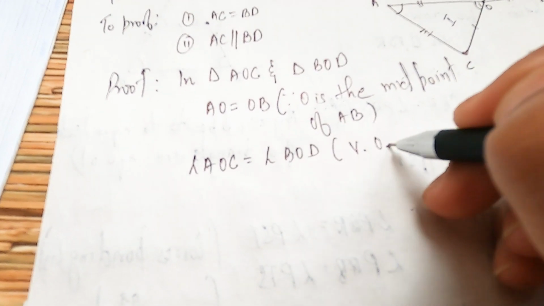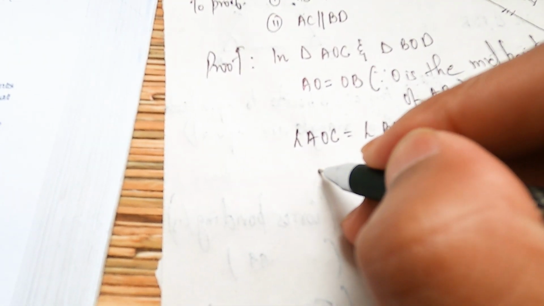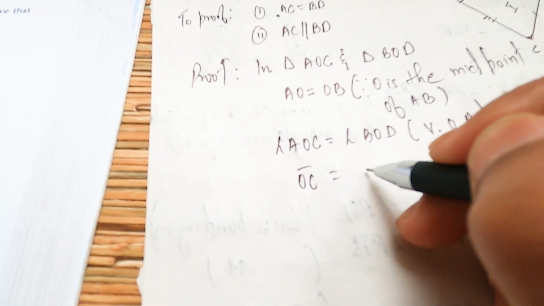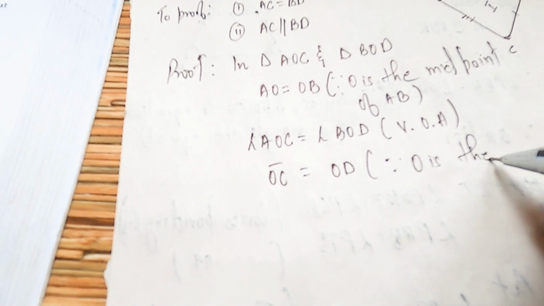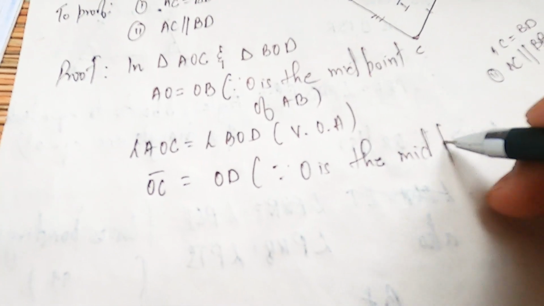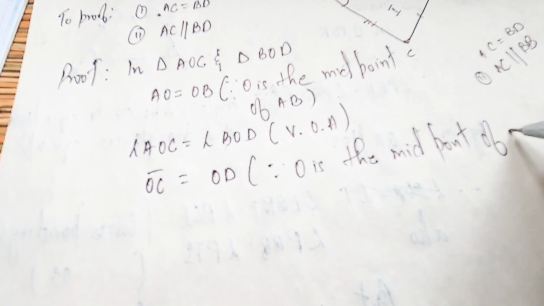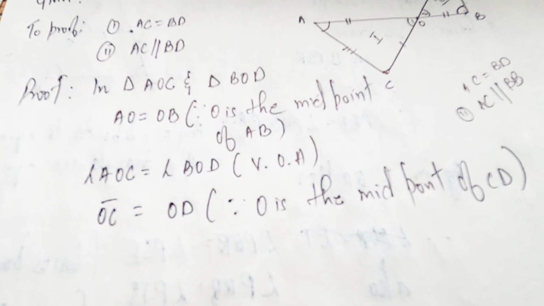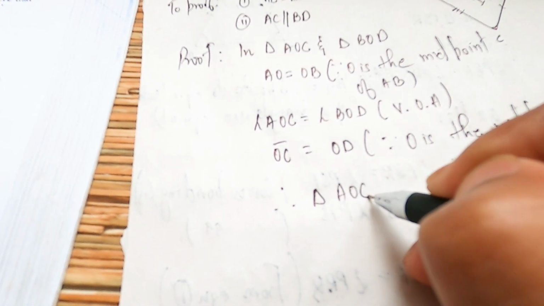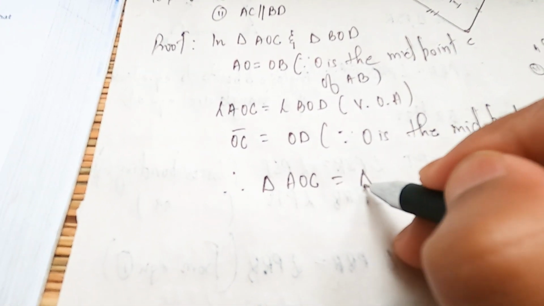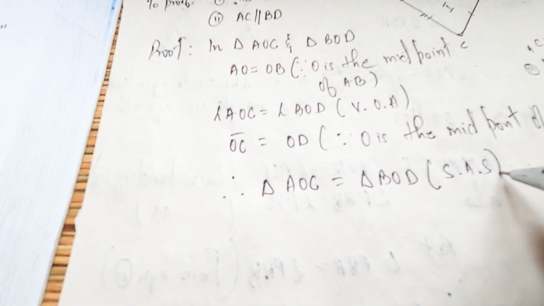So what is the reason? Vertically opposite angles. And also OC is equal to OD, since O is the midpoint of CD. So therefore triangle AOC is equal to triangle BOD by side angle side.